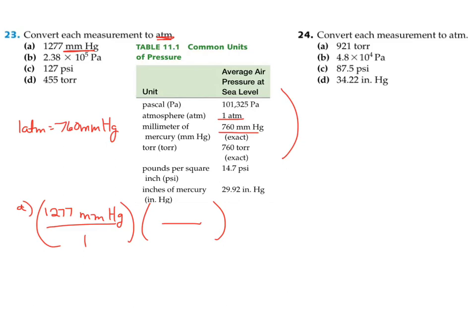Then if we use that equivalency statement as a conversion factor, I can put 760 millimeters of mercury on the bottom and 1 atmosphere on the top. And that should do it. I love that factor label. So that's how you do that first one.